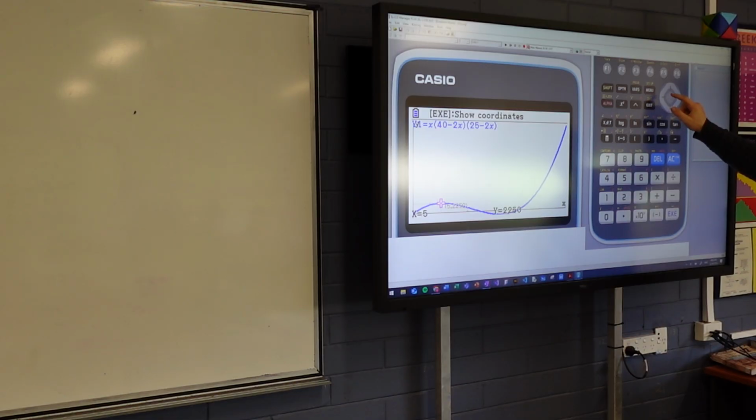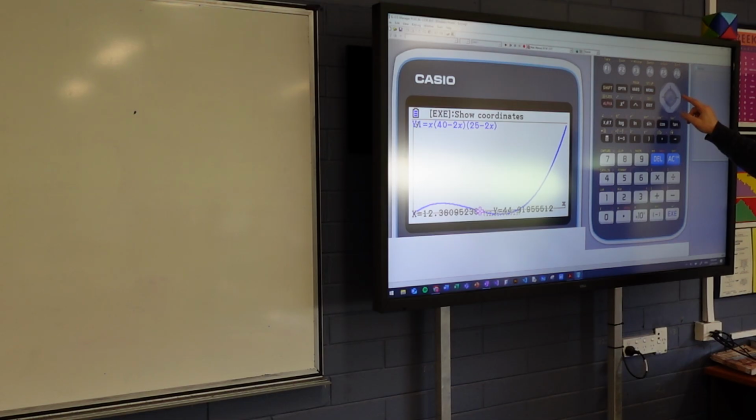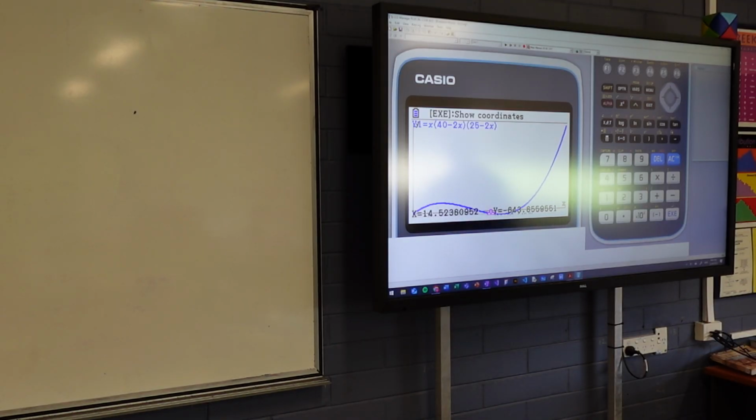If I take it back to 5, I get exactly 2,250. And if I keep going along, X gets really big. When X is approaching about 12 centimeters, I get 136. At 12.3, I get 44 cubic centimeters. And then when X goes above 12-ish, so it's about 14, I get negative volume. Is it possible to have negative volume?